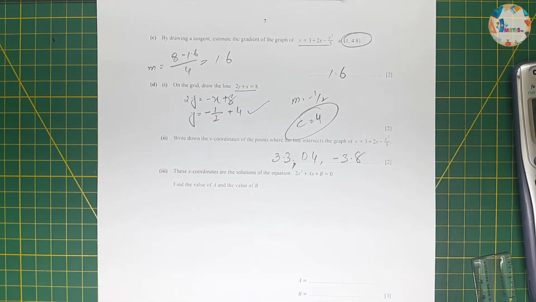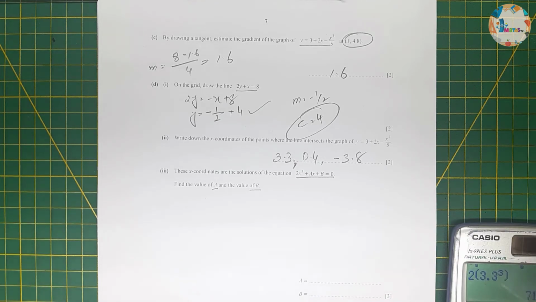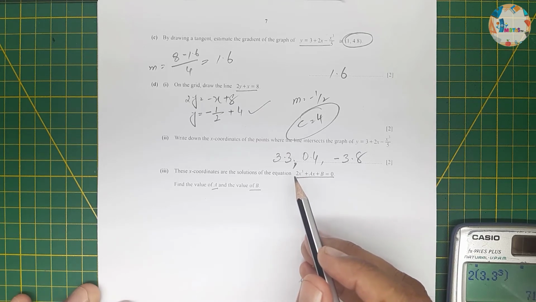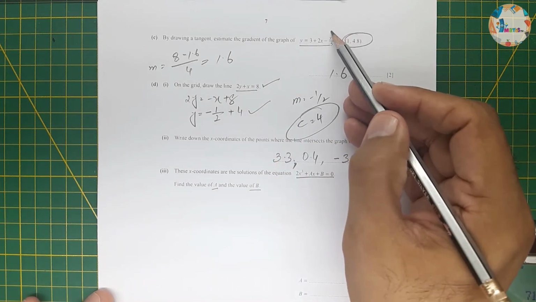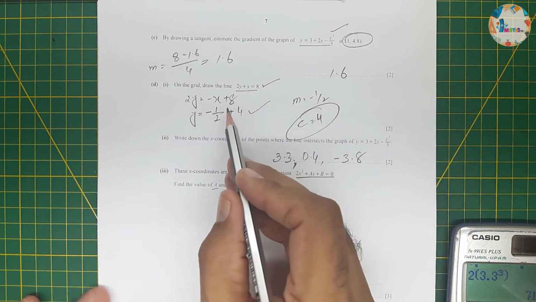Now the next part: these x coordinates are the solutions of this equation. Find the value of a and b. We have to write the value of a and b. For a and b values, we can equate the curve equation and the equation of the line.